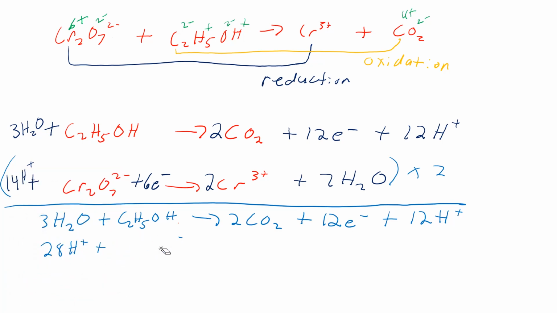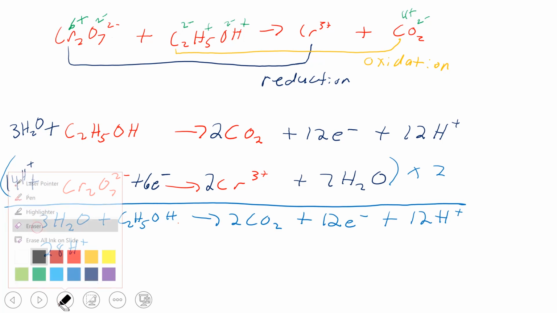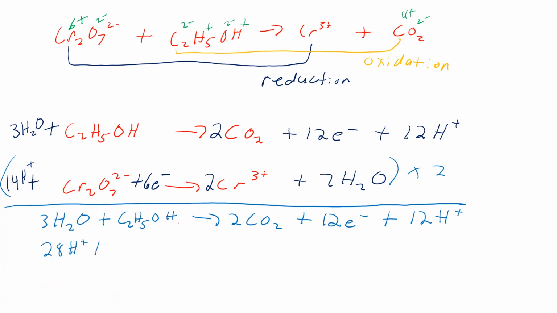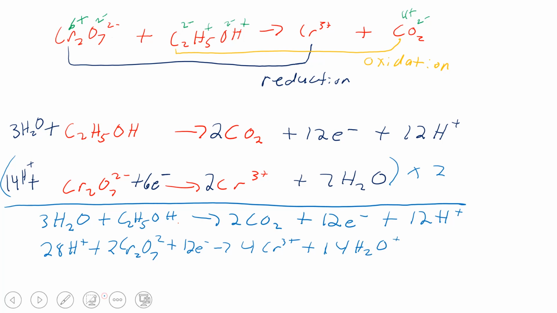And I also forgot to multiply my Cr2O7 times 2. So we have Cr2O7 2 negative plus 12E negative gives us 4 chromiums plus 14 waters. Oops, that's not a positive charge.